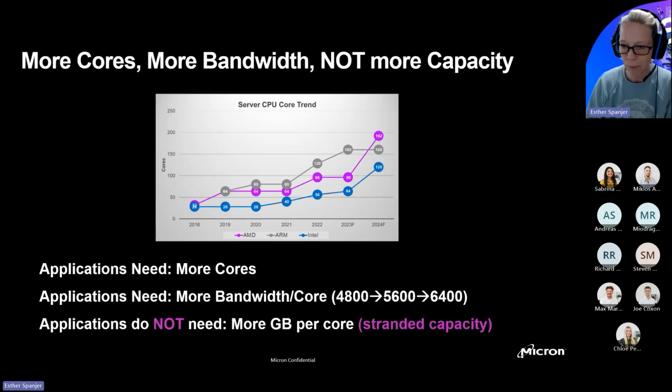And so this is really coming from the hyperscale world, where you can imagine if a Google or an Amazon has hundreds of thousands of servers sitting in their data centers, that they want to optimize every gigabyte that they're buying and not overpay for something.